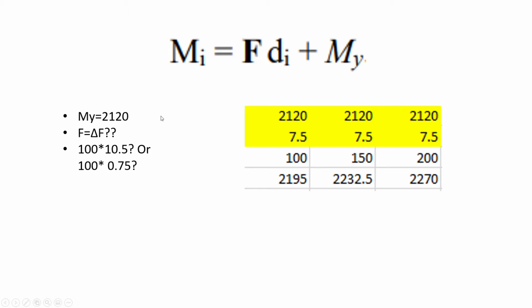I was really confused because at first I ended up doing Di, which would be 100 in the first case, times our force, and I didn't know if it was the full force of the 10.5 kips when we're just talking about that specific increment, or if it was delta F, the actual force increment. So at first I did it with the 10.5, and the numbers were just through the roof.